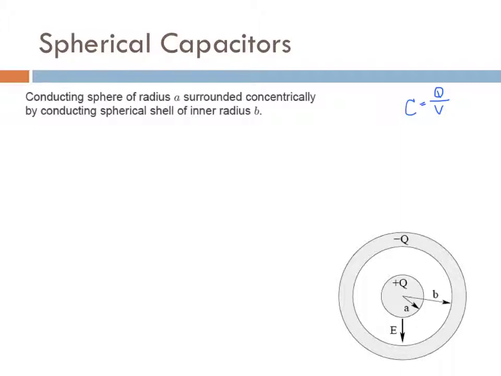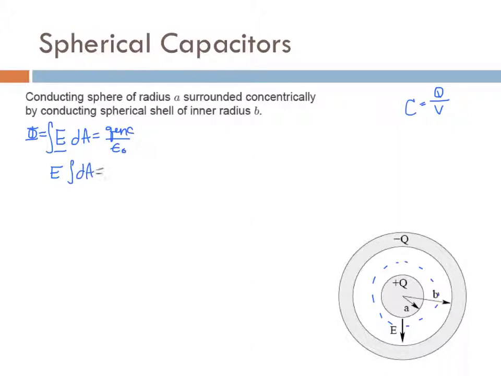Now first off, we can solve for the electric field for a sphere like we've done before. Again, we're going to use Gauss's law. We're going to say that our electric field is the same everywhere, so it's a constant. I can pull that out of my integral.